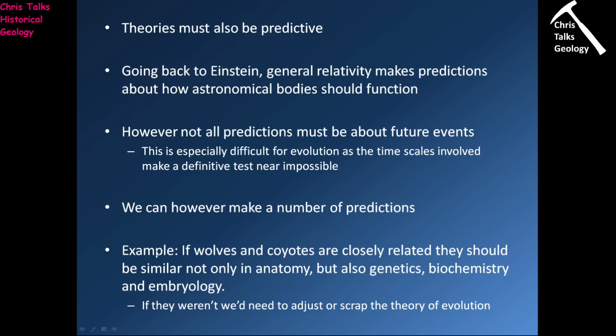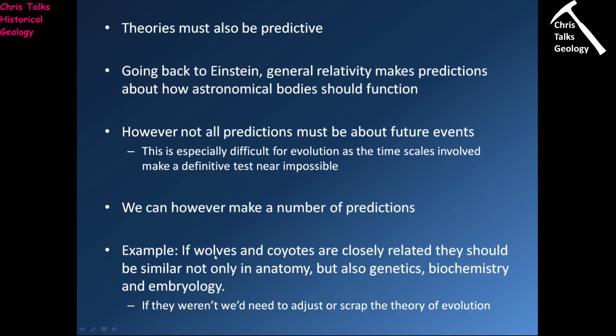An example of this would be if wolves and coyotes are closely related, they should be similar not only in anatomy, but also in their genetics, their biochemistry, and their embryology, so essentially how the fetuses develop in the womb. Now, if they didn't have strong similarities, then we would need to adjust or scrap the theory of evolution based on this data.